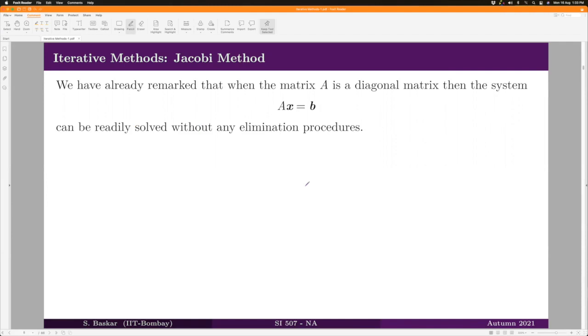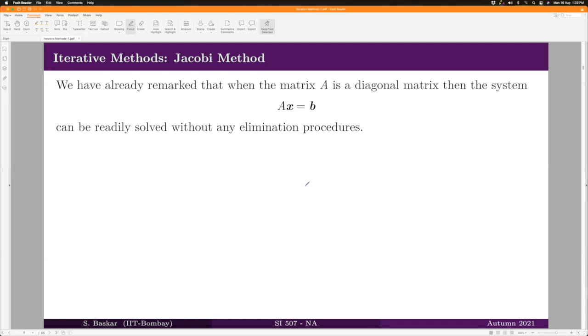If you recall, when we were introducing LU factorization method, we said that there are basically three types of systems which don't need elimination procedure. One is the diagonal matrix system, another one is the upper triangular matrix system, and finally the lower triangular matrix system.